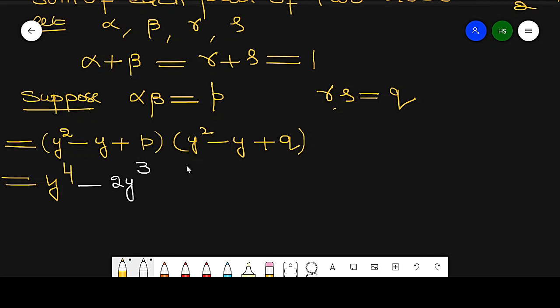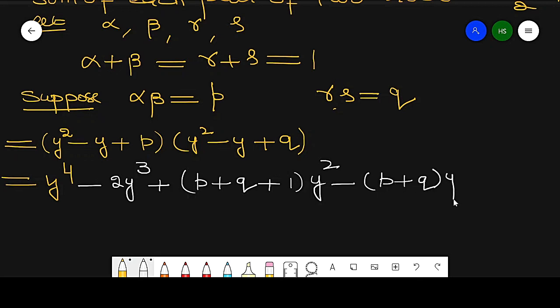Now the square term is plus p plus q plus 1 into y square, and the third is minus p plus q into y, and the last is the constant term, the product, which is equal to pq.